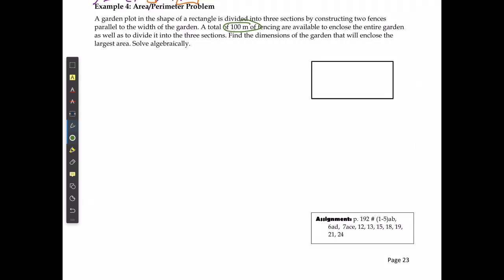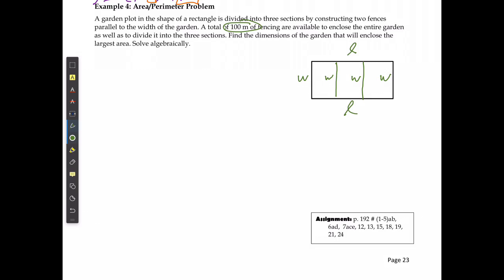Well, first, I'm going to say that I have my length here, and then parallel to the width, I'm going to split it into 3 sections, which means that if it's parallel to the width, suddenly I have 4 fences along this way that are all the same length, and I have 2 along the length that are the same length.